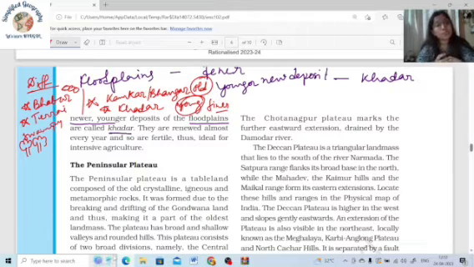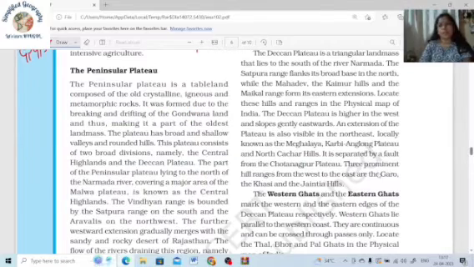So let us move to the next topic, that is Peninsular Plateau. Now, as said earlier, first we will understand what is a plateau. A plateau is a tableland surface.